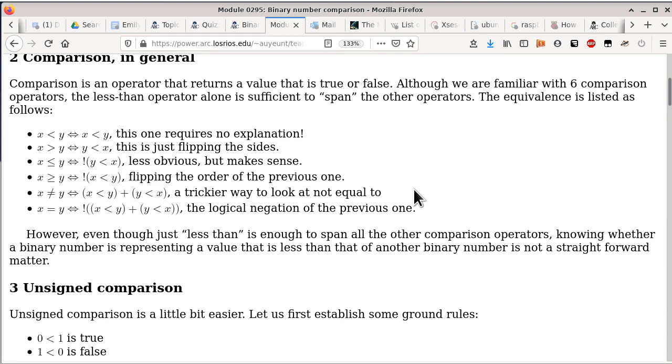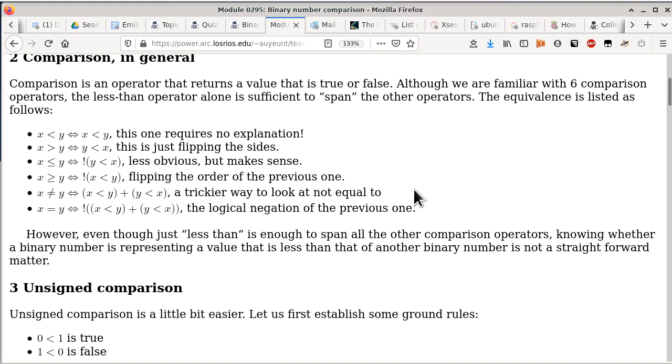So this is kind of interesting, along the same line as NAND can be used to replicate all of the other logical operations that we are familiar with. Do you guys remember how NAND can be used to make negation, disjunction, and conjunction? Well, likewise, we can use only less than to implement all of the other comparison operators. So that's all we need to do for now.